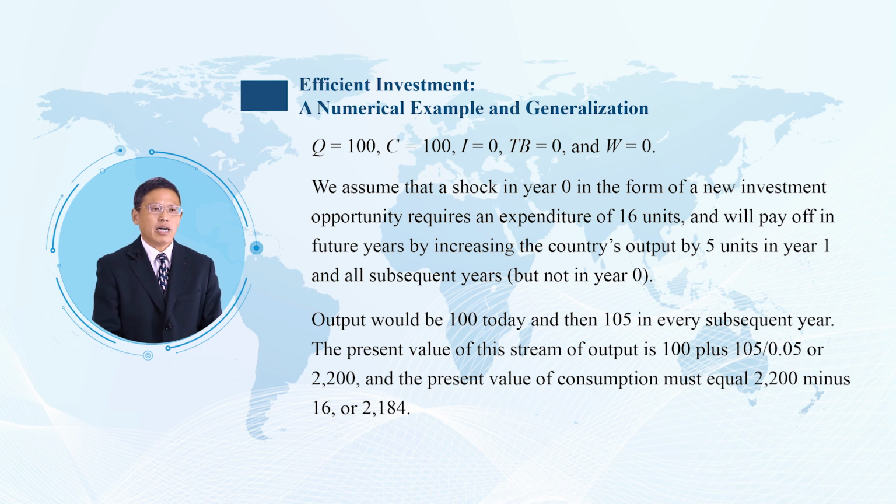The present value of this stream of output is 100 plus 105 divided by 0.05, or 2,200. This is an increase of 100 over the old present value of output, 2,100. The present value of the addition to output of 5 units every subsequent period is 100.